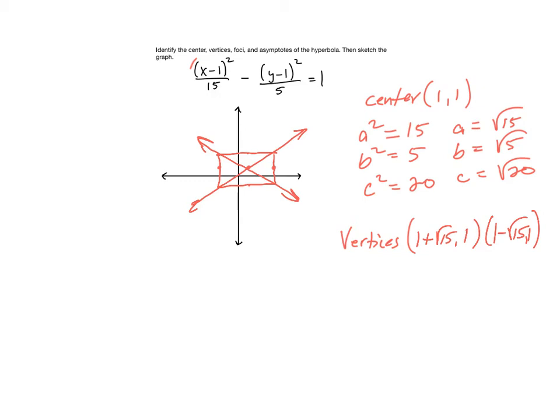Okay, so point slope formula, we're using this point, which is the center. So that's going to be y minus the y-coordinate of the point we have, which is 1, is equal to the slope. Remember, we're starting at the center. We're going up radical 5, and we're going to the right radical 15. We can just leave it as that. Radical 5 over radical 15. Don't worry about simplifying the radicals for now.